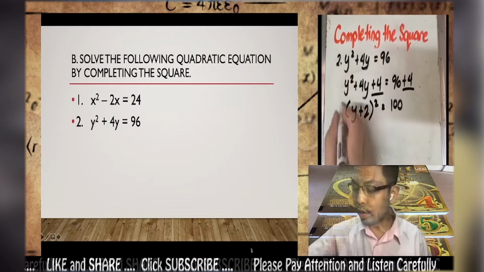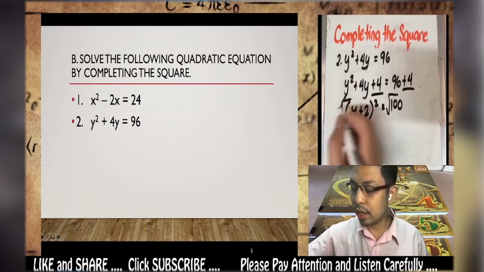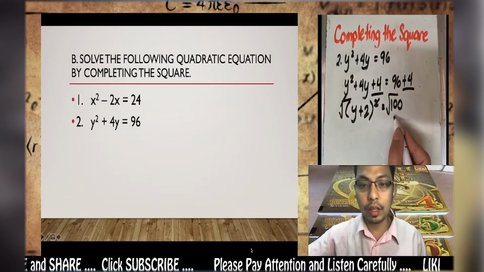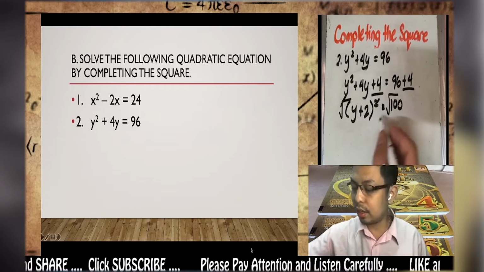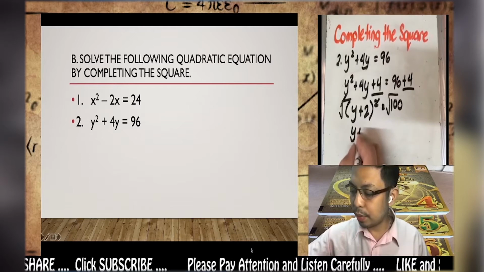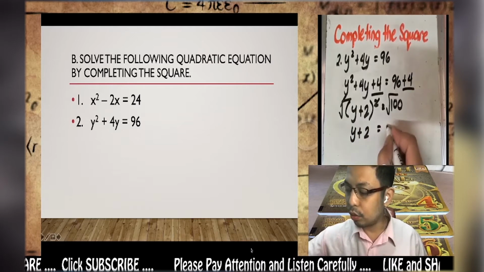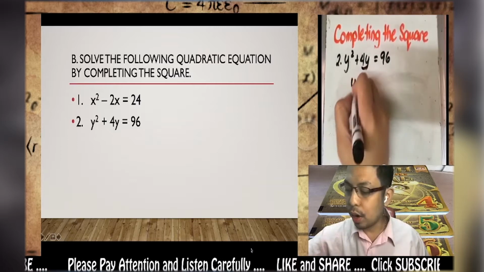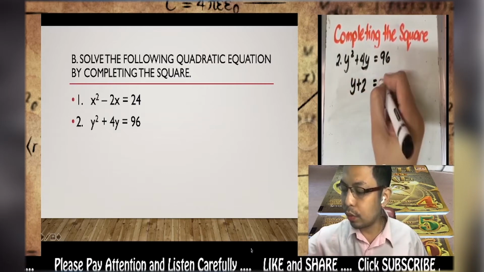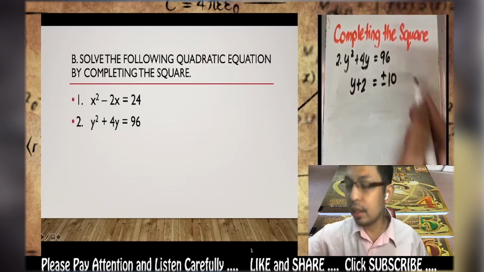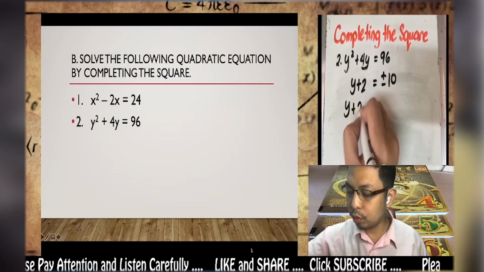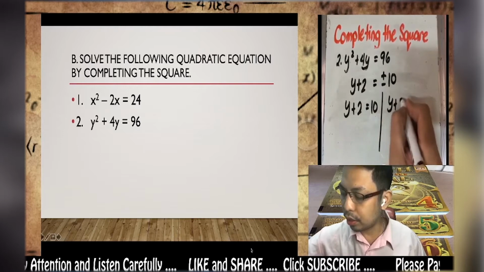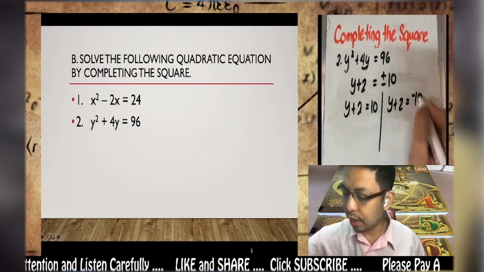Square root on both sides. The square root and the square cancel, and the square root of 100 is positive or negative 10. So we have y plus 2 is equal to positive or negative 10. y plus 2 is equal to 10, and the other equation is y plus 2 is equal to negative 10.